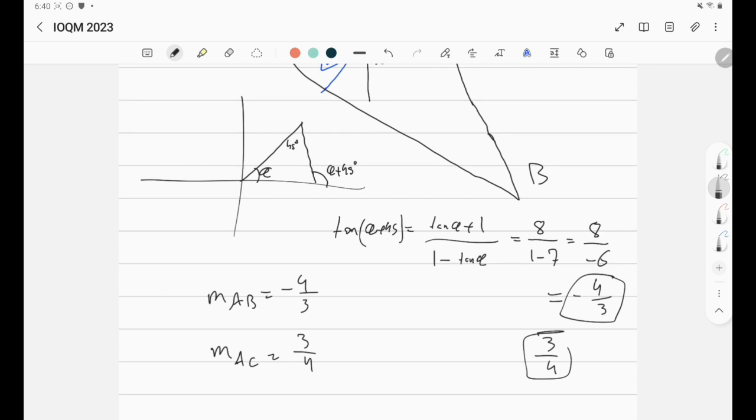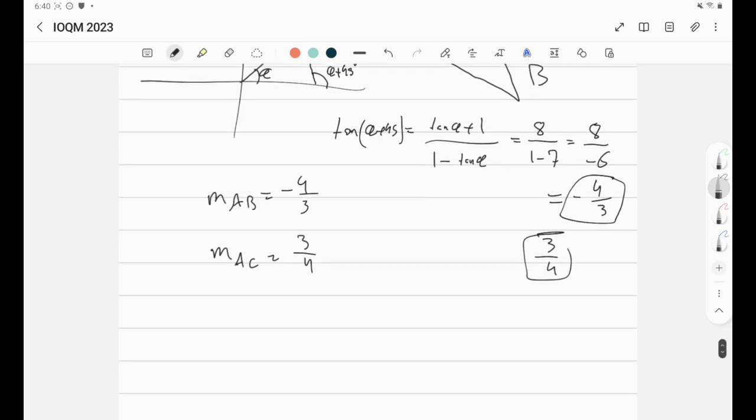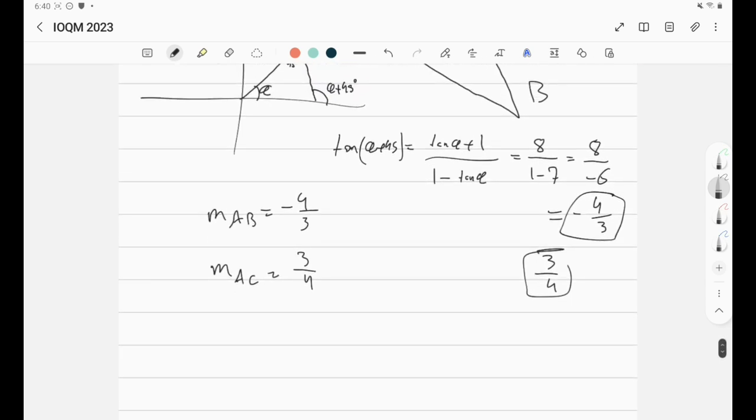Okay, if we have the slope, then we can find a relation between the coordinates of B. So that means y of B minus the y of A, which was this thing, over the x of B minus 12 is going to be equal to negative 4 over 3.